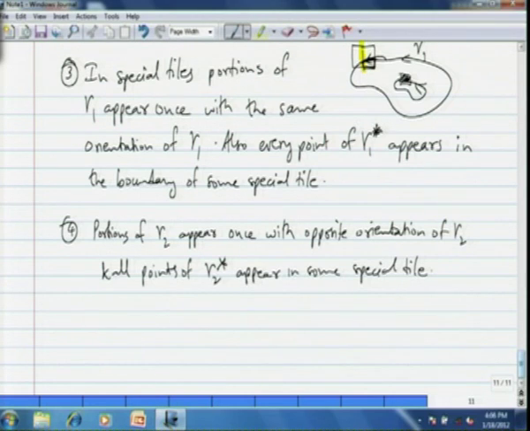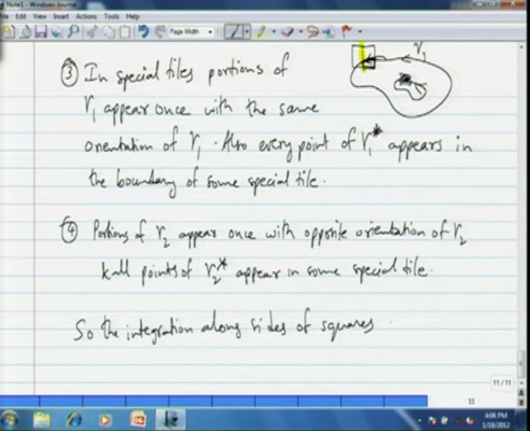And these 4 observations lead us to conclude the following. The integration along sides of squares, whether partial or full sides, it does not matter, cancel each other.